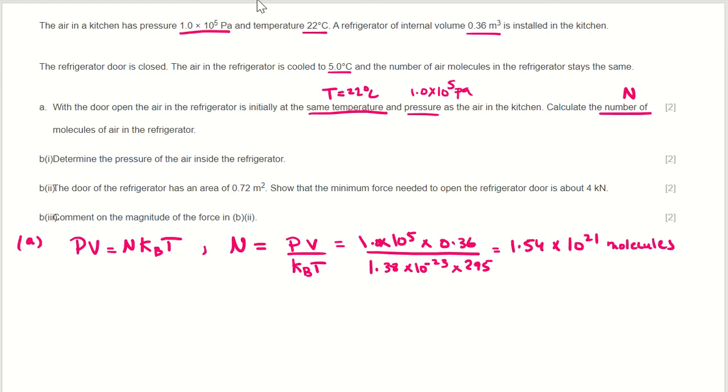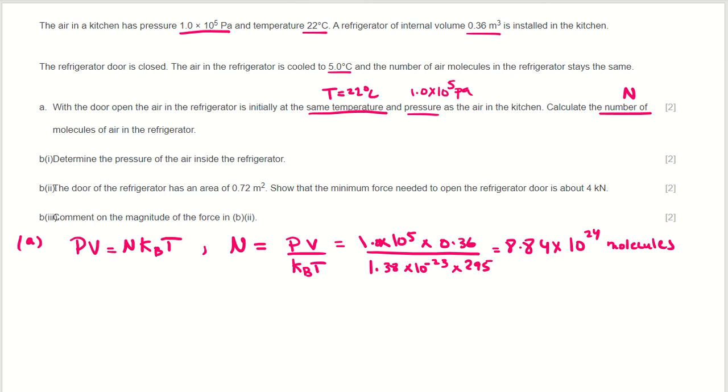So it's 10 to the power of 5 Pascal times 0.36 divided by 1.38 divided by 10 to the power of minus 23 divided by 295. So here the answer is going to vary. It's going to be 8.84 times 10 to the power of 24 molecules. And then you continue. Next question.